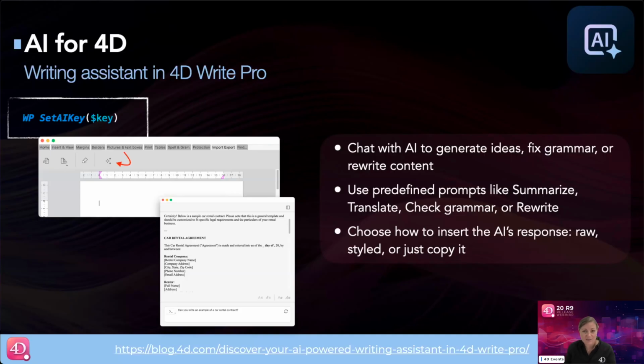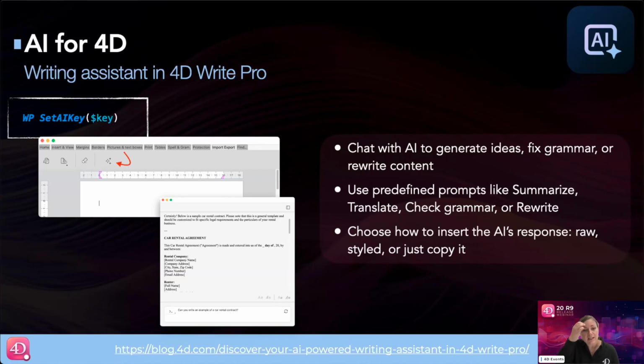To activate it, you simply set your OpenAI API key using the WP SET AI KEY command. Once configured, a new AI button appears in the Import/Export tab, giving instant access to AI tools.